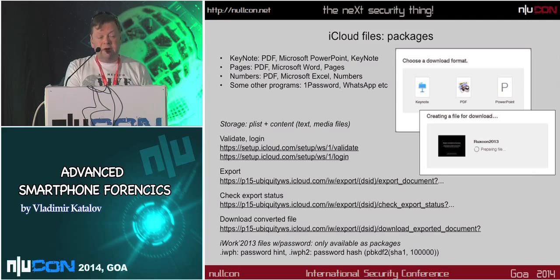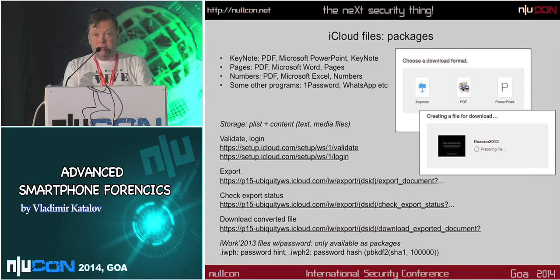You can download it in Microsoft Office compatible file format or in PDF. And the conversion is actually being done right on the server. Every file for those three formats is stored as a plist, which is like an XML file, and the actual package contains the database with the text and media files, pictures, videos, and whatever.